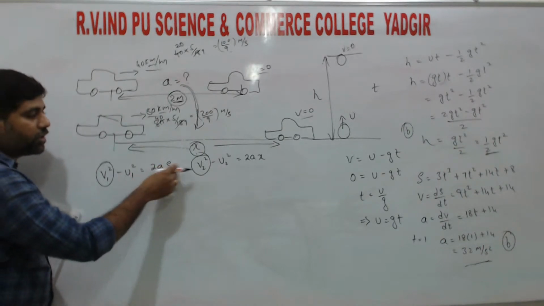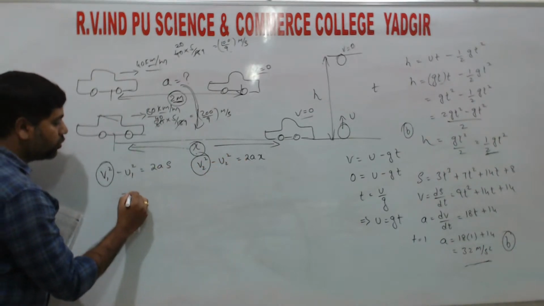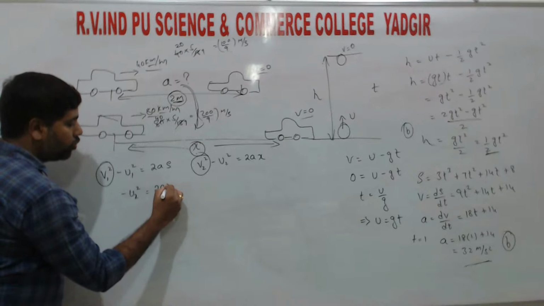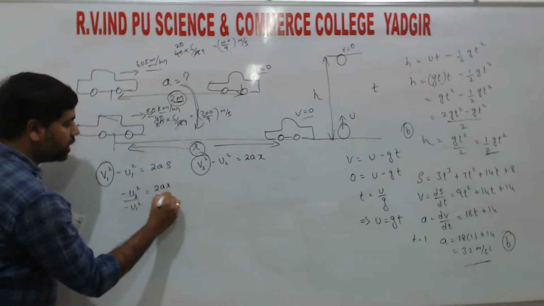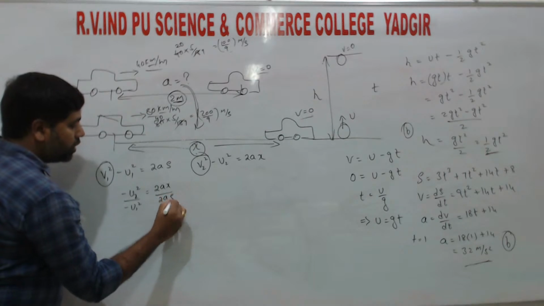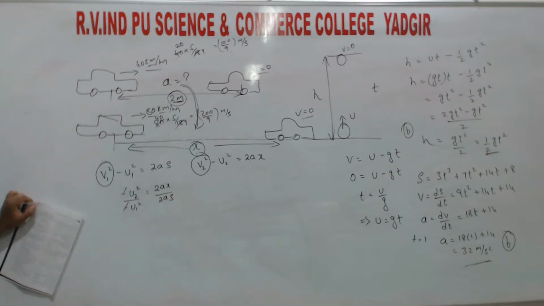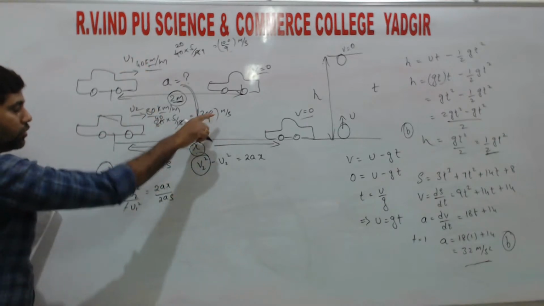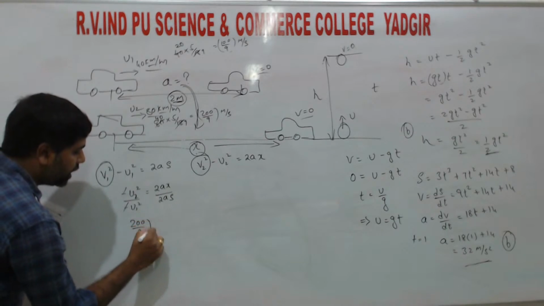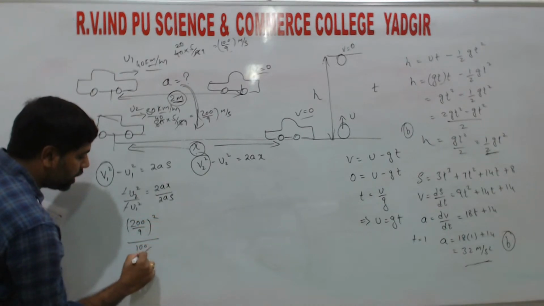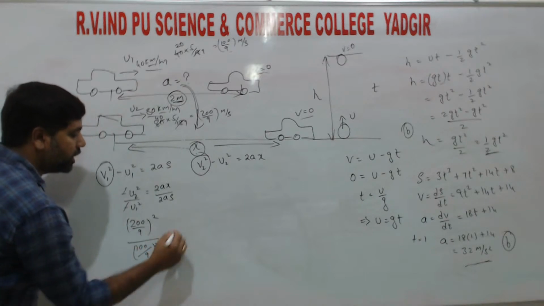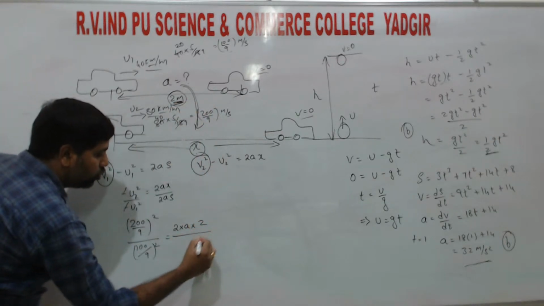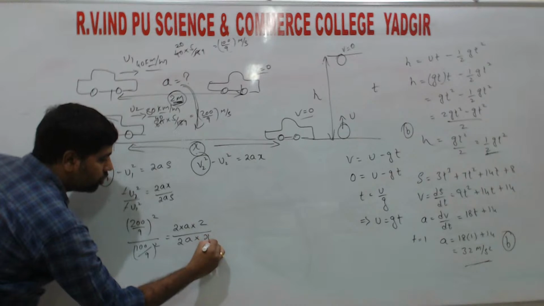So we can divide equation 2 by equation 1, right? Minus u2 square by 2ax divided by minus u1 square by 2a. Yes, so minus minus gets cancelled, right? So u2 square means 200/9 whole square by 100/9 whole square is equal to 2ax divided by 2a, where the displacement is 2 meters, right?